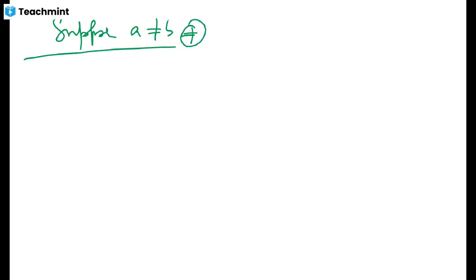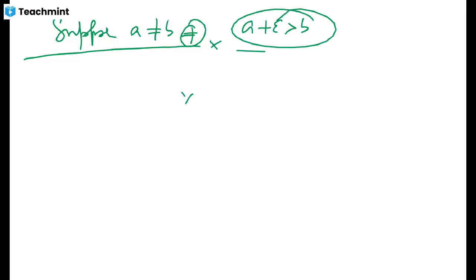Suppose that a is not equal to b. Then you have to choose a particular epsilon, and that particular choice of epsilon will give a contradiction to the fact that a + epsilon is strictly greater than b. This is a very important exercise. Then I stop here.